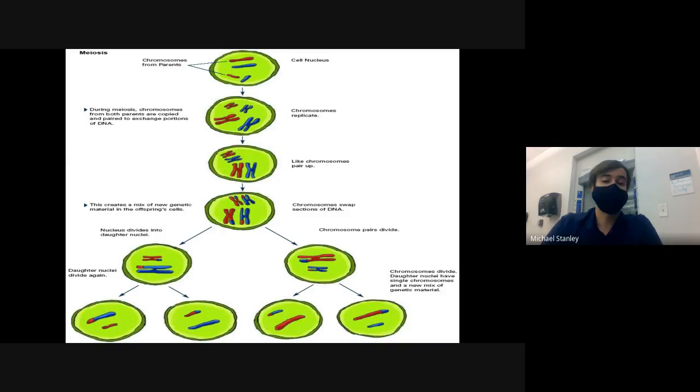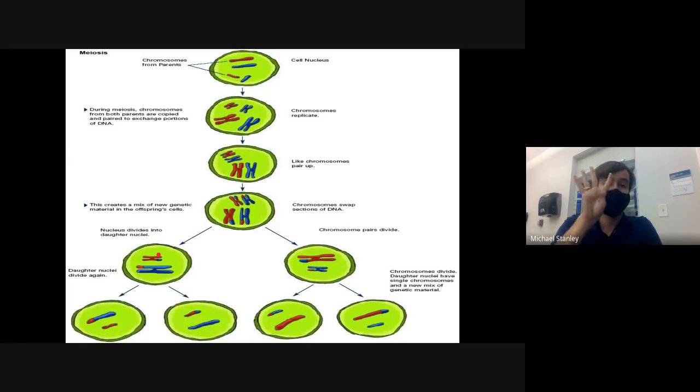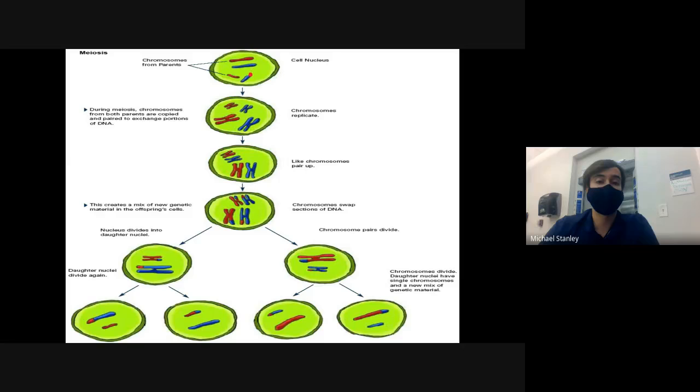So now not only do both of our cells split again, so now we don't have 2 new cells, we have 4 new cells. And then also, each one of these new cells has half of the amount of DNA as the original cell. So in our original cell up here, we've got 2 big chromosomes and 2 small chromosomes.